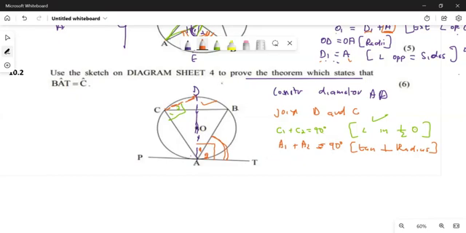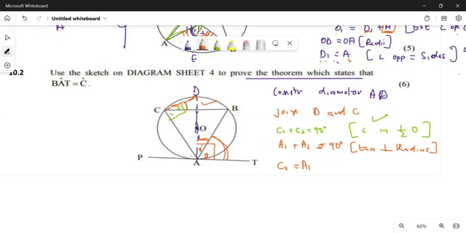What then do we do after that? We are going to tell them about this angle here, C2. Who's creating C2? It's DB. Angle C2 is going to be equal to, is there any other angle subtended by DB? No. Look at this angle here, A1.